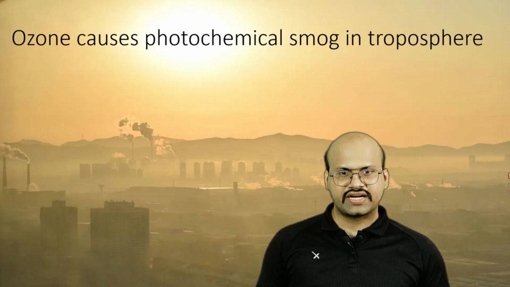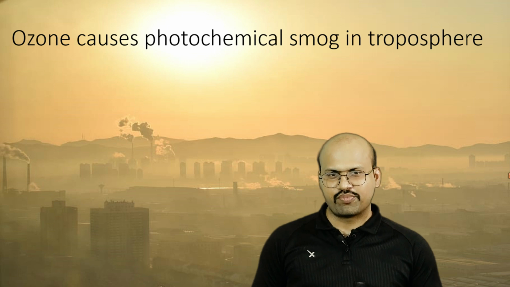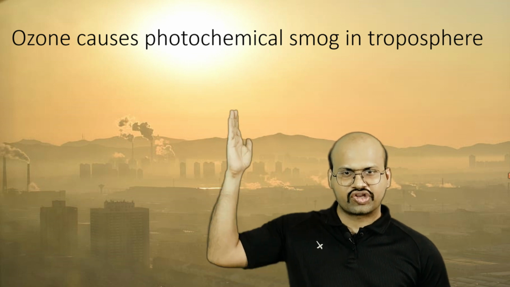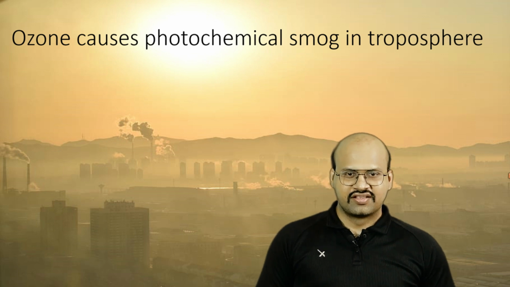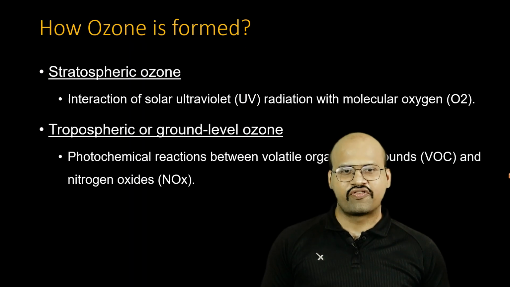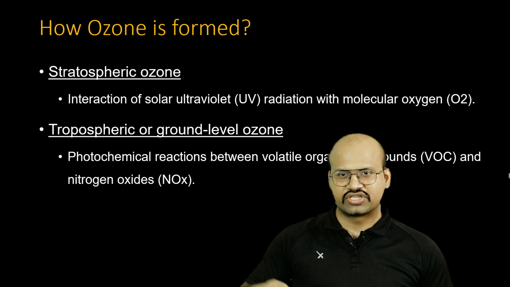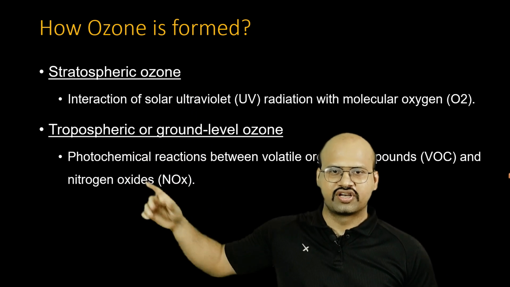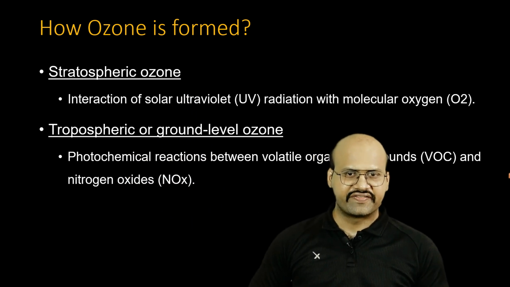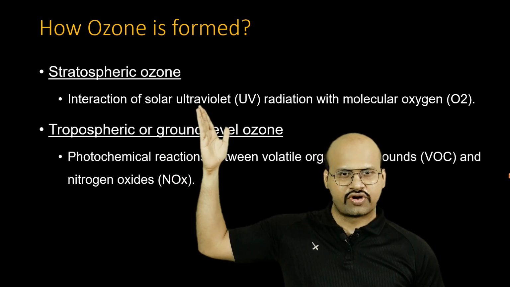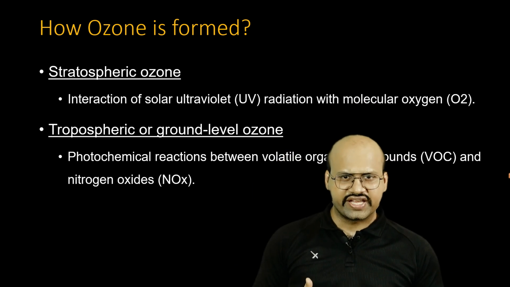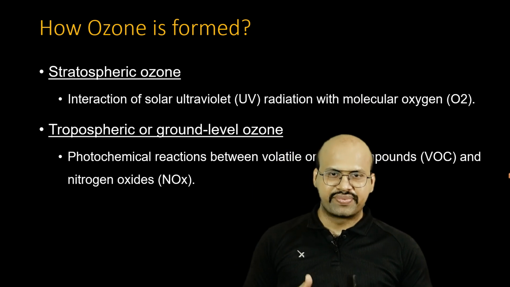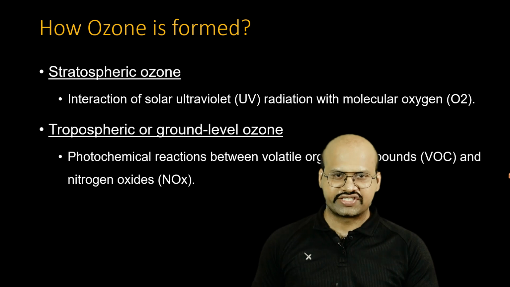We have seen that ozone in the troposphere acts as a pollutant and causes photochemical smog. Here you can see an example of photochemical smog. Now, if we look at the formation of ozone, in the stratosphere and the troposphere it is formed via different mechanisms. In the stratosphere, ozone is formed by photodissociation of the oxygen molecule. A UV ray from the sun breaks the oxygen molecule into oxygen ions.